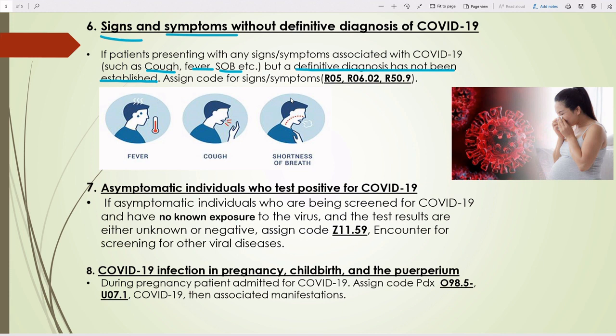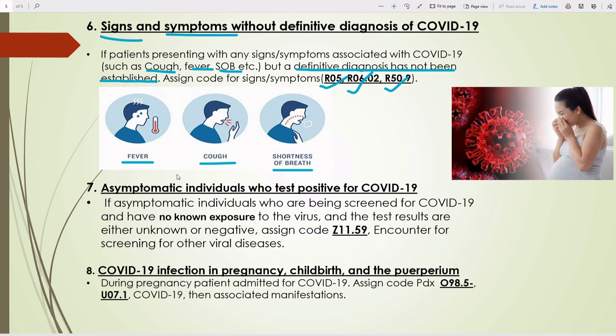At that time assign code for sign and symptom. If a definitive diagnosis of COVID-19 or any other diagnosis has not been established, then as normal we have to assign code for sign and symptom. The normal signs and symptoms in COVID-19 or coronavirus are cough, fever, SOB.